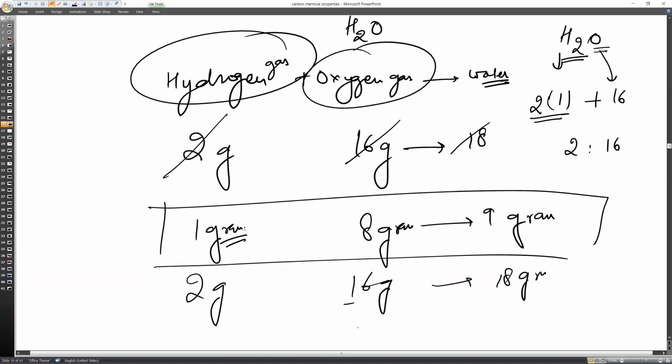Tell me, if we have 48 grams of oxygen, then how many grams of hydrogen will be required and how many grams of water will be formed? Can you tell me? If we have 48 grams of oxygen, how many grams of hydrogen will be required?